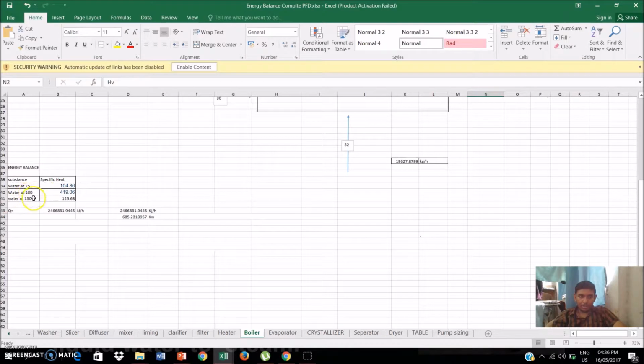The water at 100 degrees Celsius has a specific heat of 419.06, and the water at under 30 degrees Celsius is 25.68. So we could find Q by multiplying, and when we convert to kilowatt, we get 685.231 kilowatt.